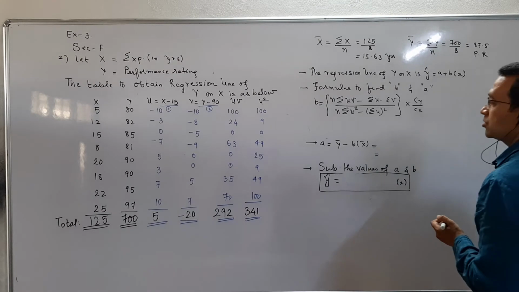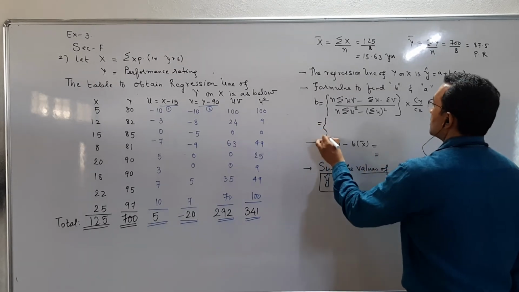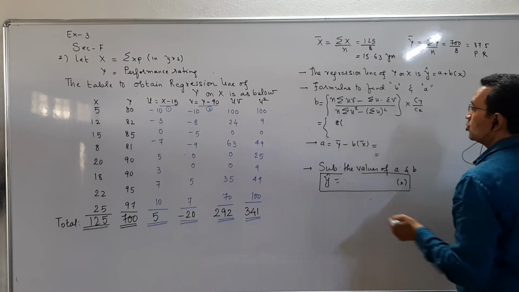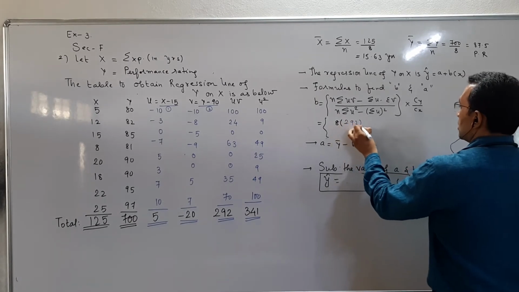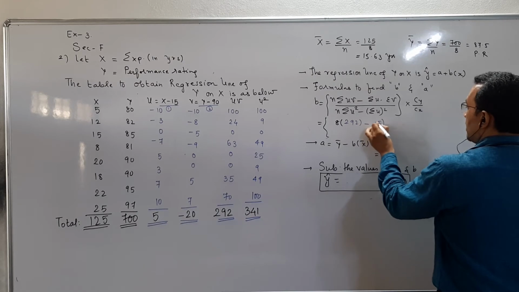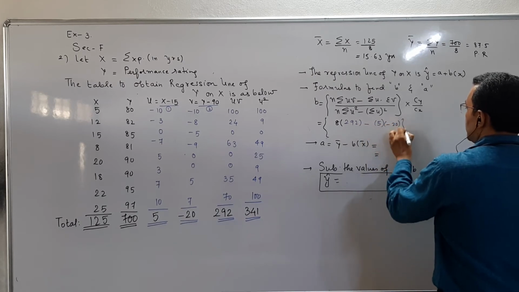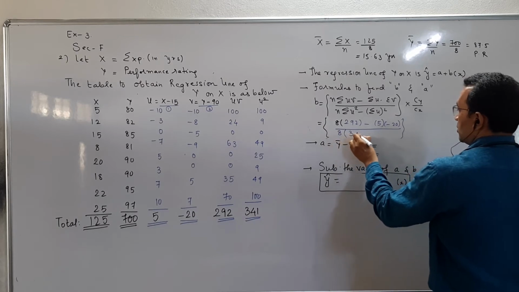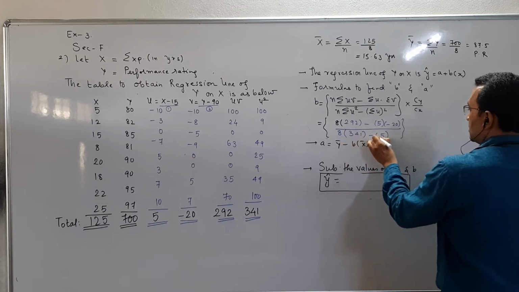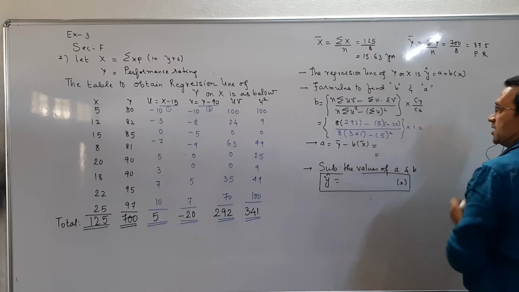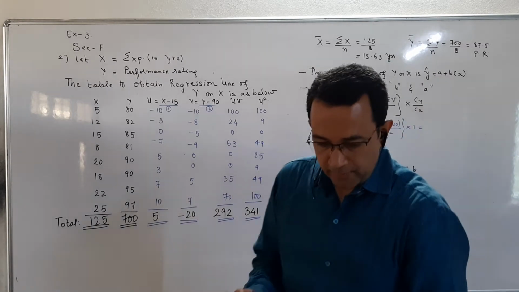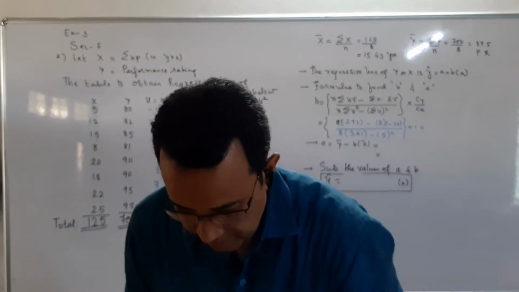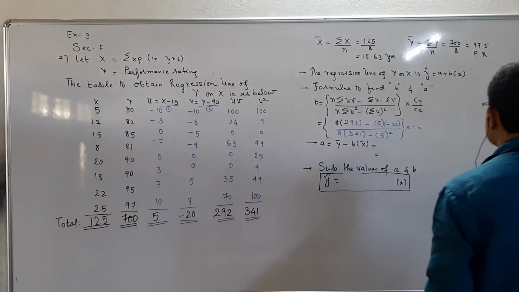Now students, substituting the values, n is 8, sigma uv is 292 minus sigma u is 5 into minus 20 upon n is 8, sigma u square 341 minus sigma u the whole square, Cy upon Cx is 1. So if I simplify students, then the answer of B is coming as 0.92.